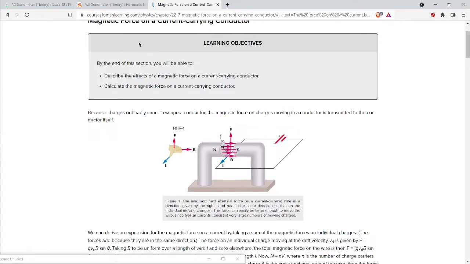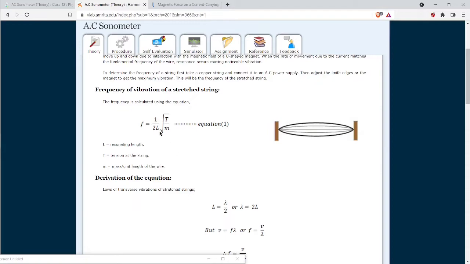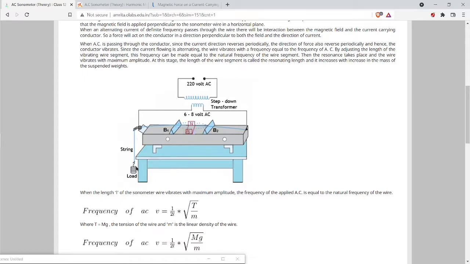Now come back to the stretched string theory. When a string is stretched between two ends, there is a tension working as T. This T is the intrinsic tension between the two ends, and in our case this is mg, so there is an analogy.